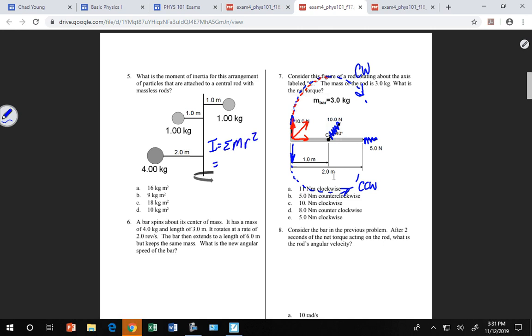And so it would be 1 times 1 squared. That's 1 kilogram times 1 meter squared. Plus 1 times 1 squared plus 4 times 2 squared. 1 plus 1 plus 16 is 18. Cool? Yeah.